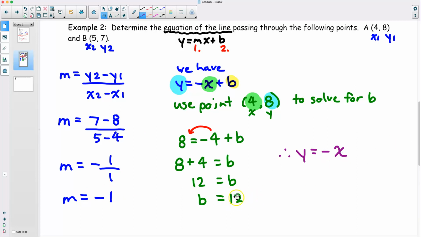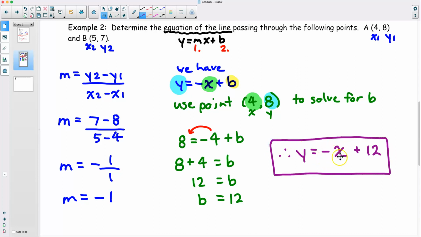Because this is a value of positive 12, we are going to put plus 12 as our y-intercept. So there we have our equation of a line in slope-intercept form, passing through both of these points here. If you were to put the point 5 and 7 in this case, you would get the exact same b value of positive 12.